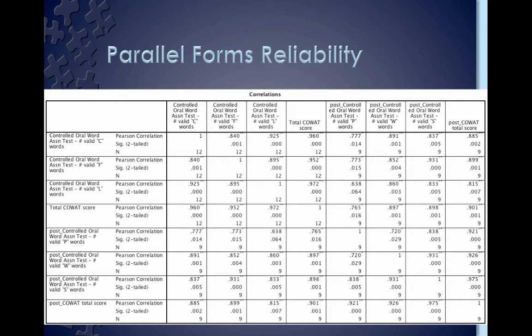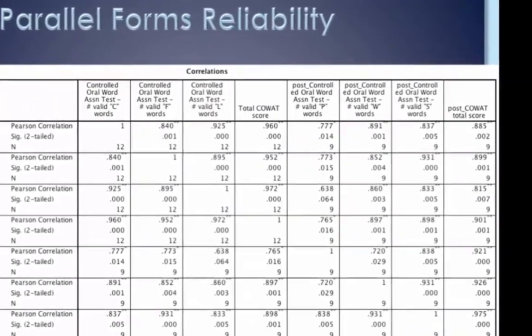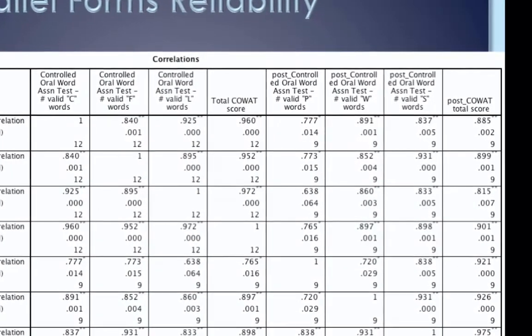In my study, I had them complete the COAT before they did the intervention. Then after 6 weeks of either education or drumming, I had them complete the COAT again. But I couldn't have them complete the exact same test because they would have seen it before, so I had to do something a little bit differently. Before the intervention, I had them complete the COAT.